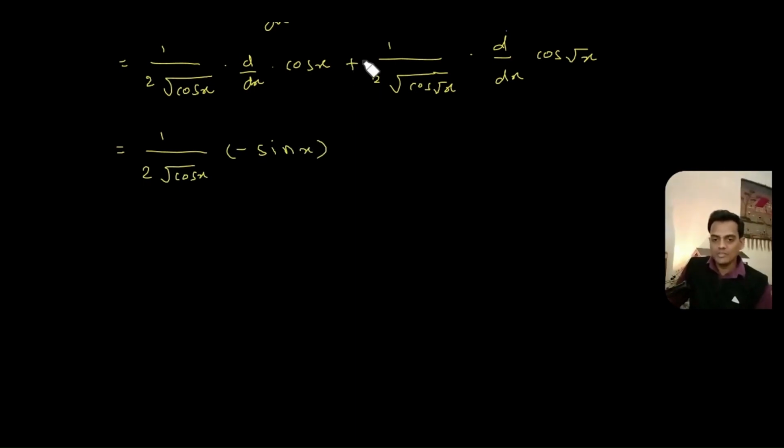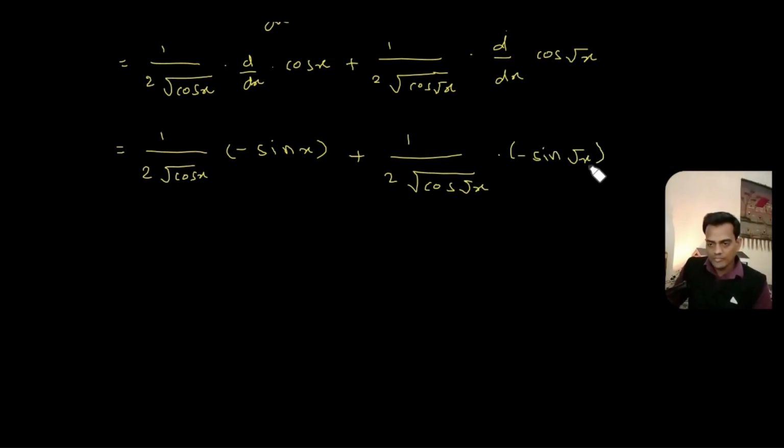So the derivative of the first term is over here, and then the derivative of the second term is 1 upon 2 square root of cos square root of x, into, now the derivative of this cos is minus sine, and then the derivative of the square root of x, the third function.